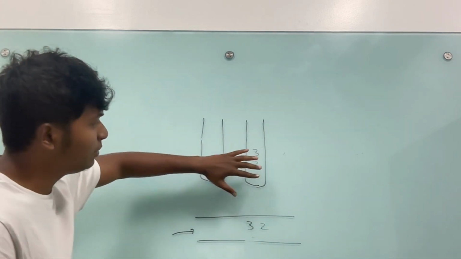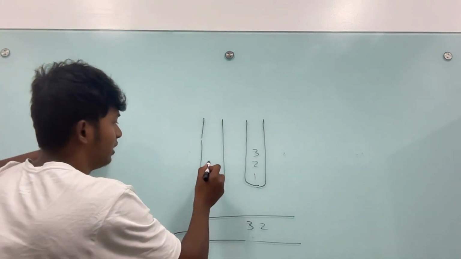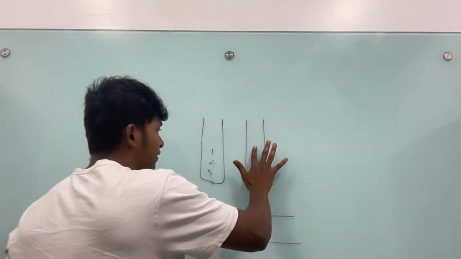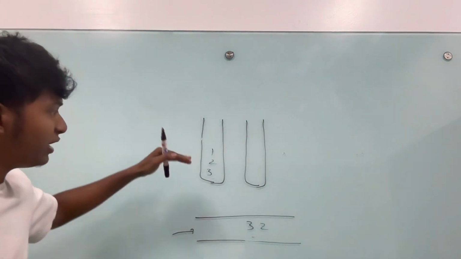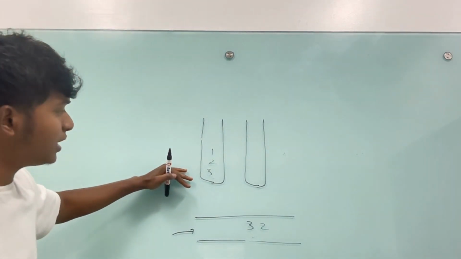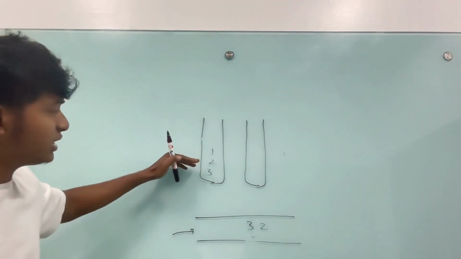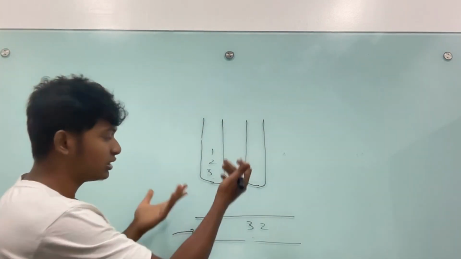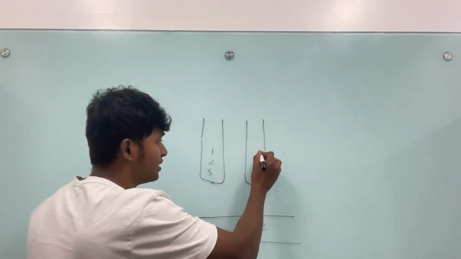So 3, 2, 1, I bring them here. Now for the next three operations I don't have to do anything. I can just pop from here, no matter what elements come after, 4, 5, 6, 7.